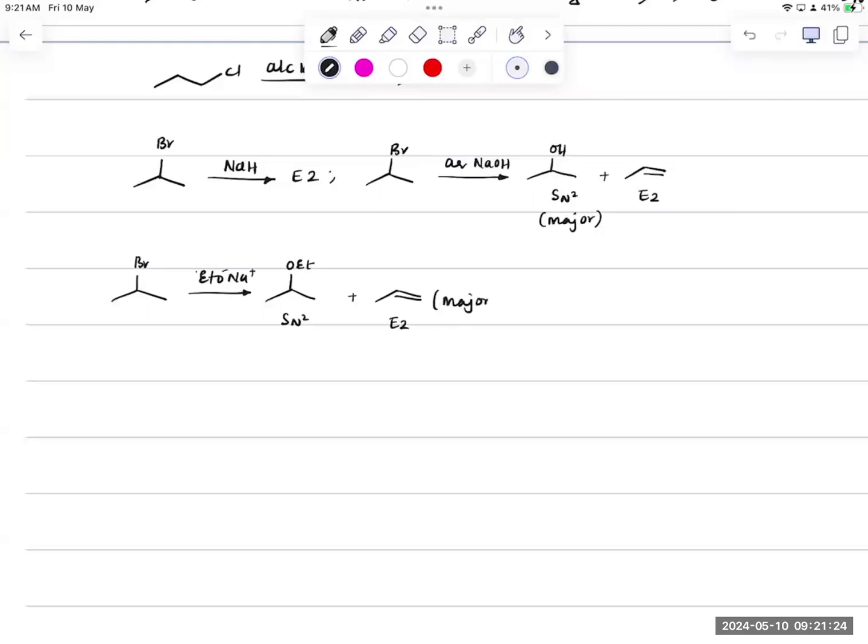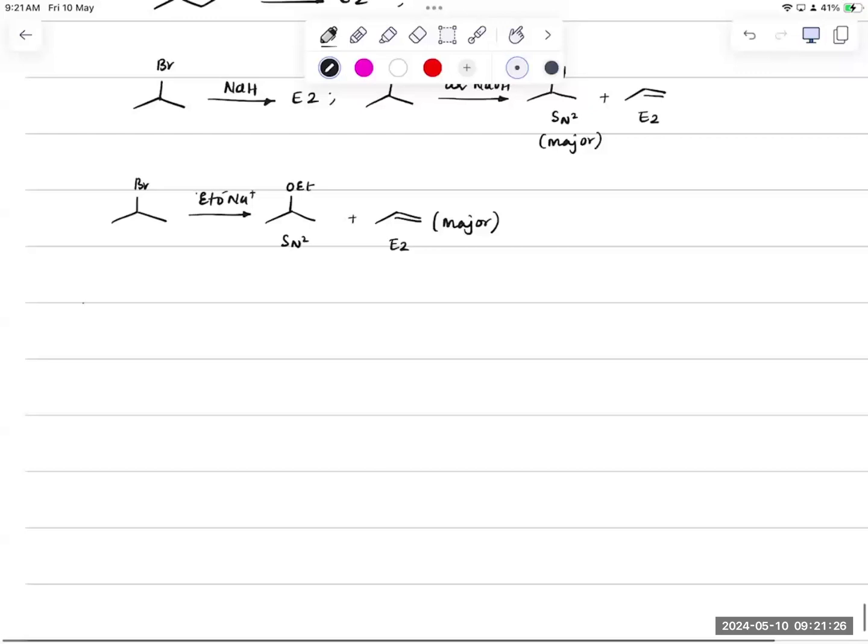This will be the major product. Next, if you have Br, secondary position, and you have cyanide, CN minus, you will do SN2. Heat is not given, so you'll go for SN2. If you have Cl and you have been given AcO minus Na plus, again SN2.